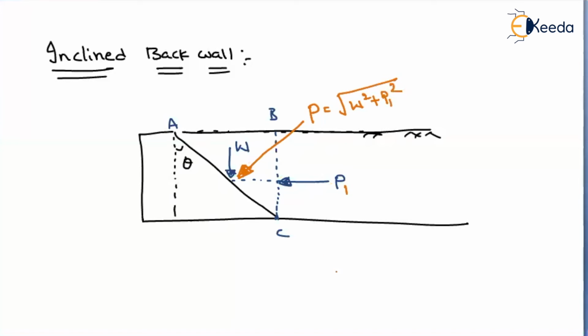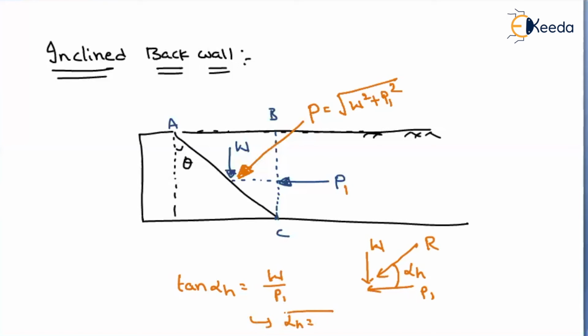Suppose I represent the forces like this, P1, and I represent this W, the weight of the soil mass here, and this will be my resultant. If I find the angle with respect to the horizontal, how can I find that angle? I will find it as tan alpha h, which will be equal to W divided by P1. So from this we can find the angle alpha h.